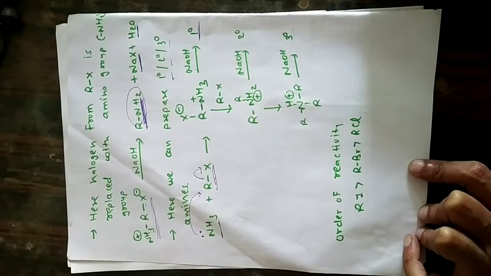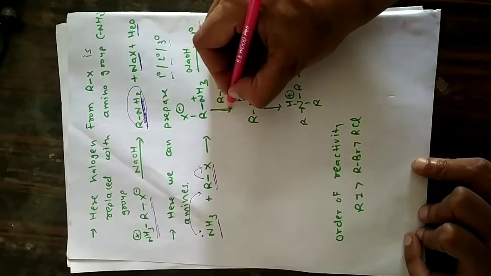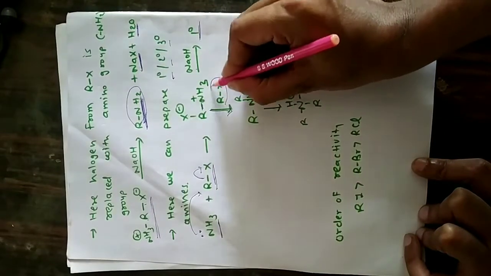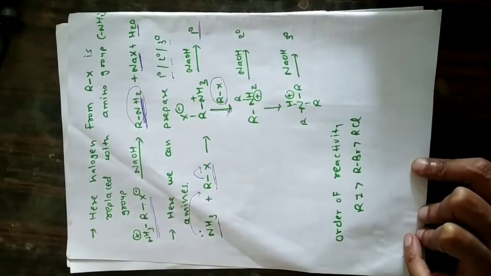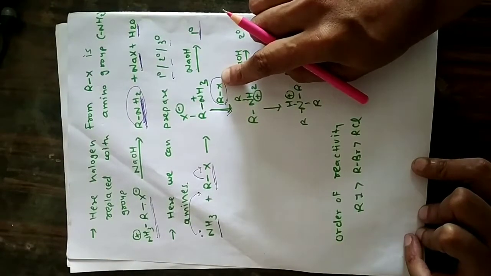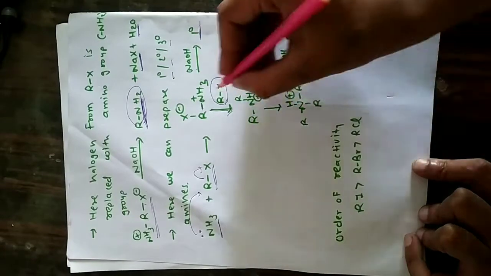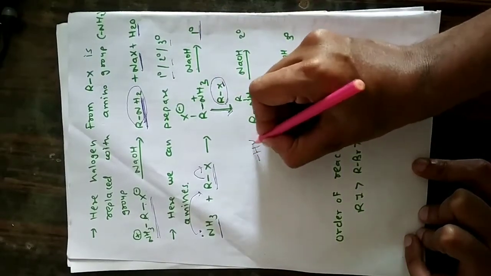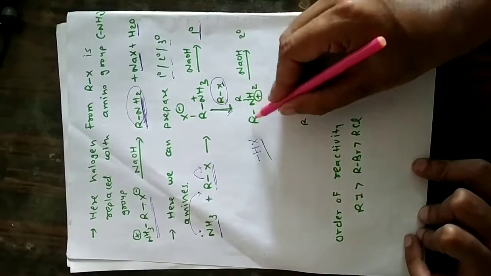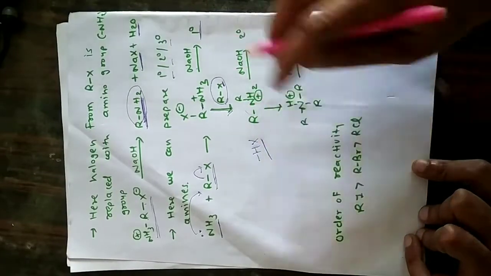Now if I want to prepare 2 degree amine, what am I going to do? I am going to react another molecule of alkyl halide here. Hydrogen and this halogen will combine to form HX, making it 2 degree ammonium salt.